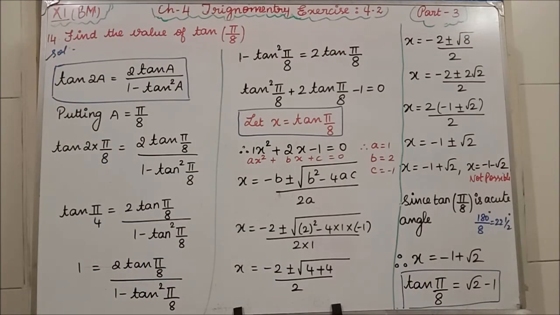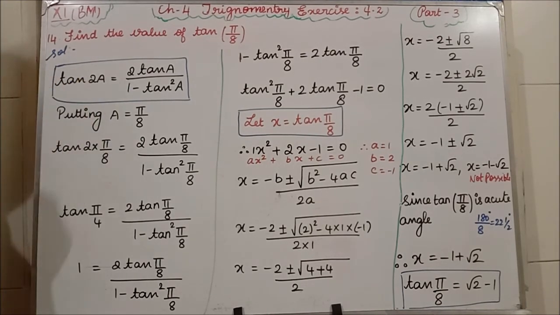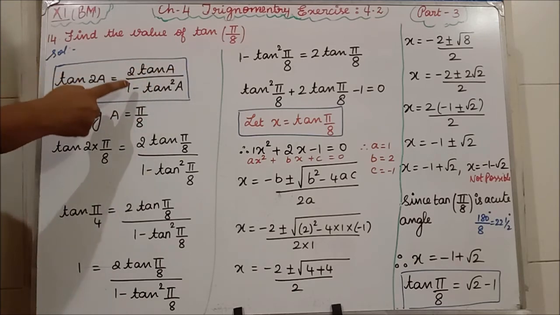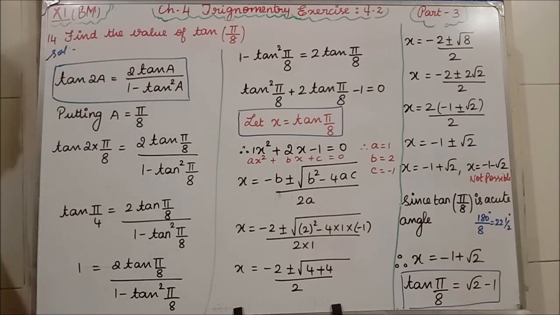See, find the value of tan pi by 8. We have to find the tan pi by 8 value. Okay, so for that I am going to use the identity tan 2a. What is the formula for tan 2a? For tan 2a we are having only one formula, which is 2 tan a divided by 1 minus tan square a.